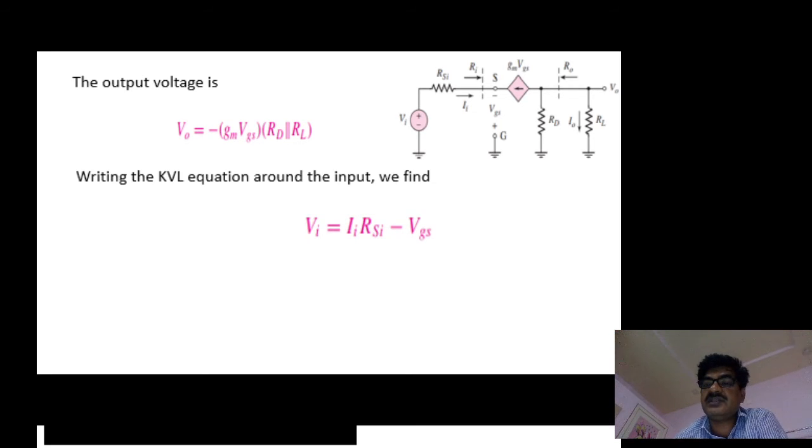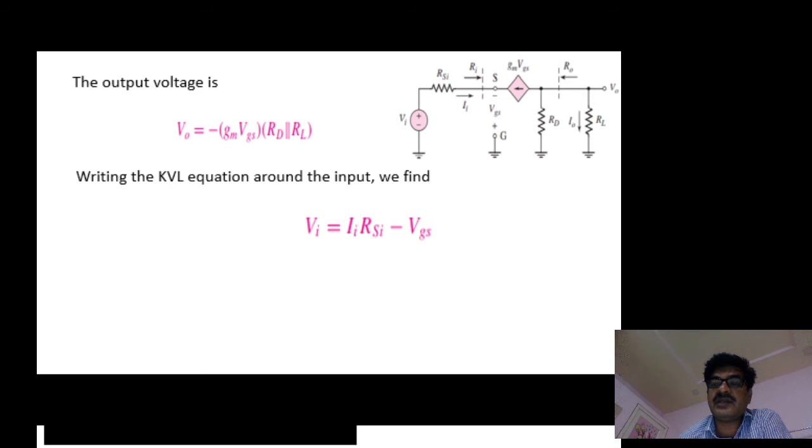How can you write the VGS? At the input side, VI equals the drop across RSI plus VGS. But with the polarities, it comes like VI equals II RSI minus VGS.